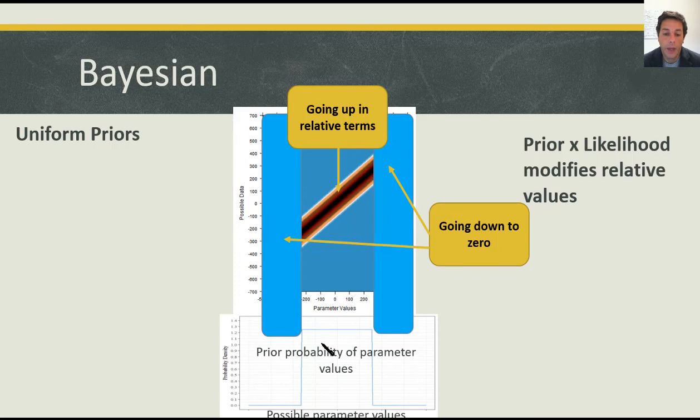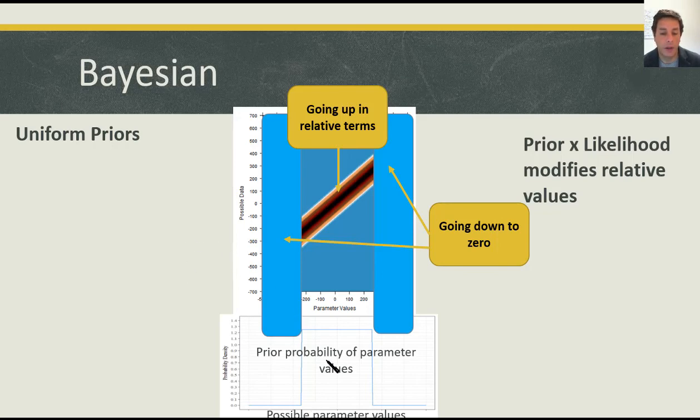Now, in this case, I changed the prior. The prior is still a uniform distribution, but now the range is restricted from negative 250 to positive 250. So what it's saying is that values less than negative 250 and values more than 250 are impossible. Probability 0.